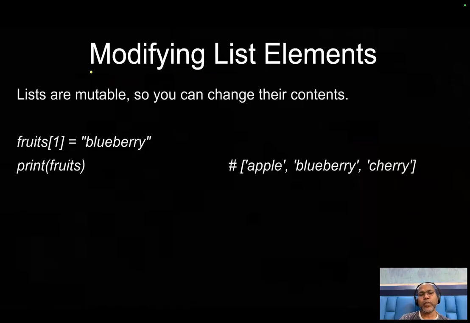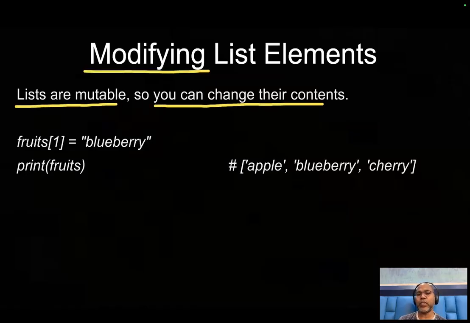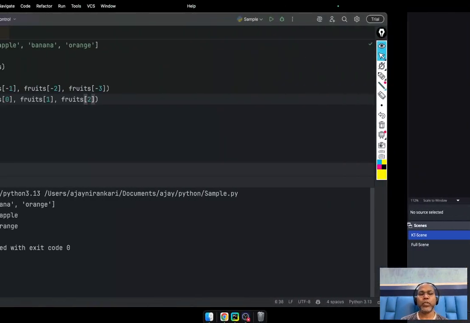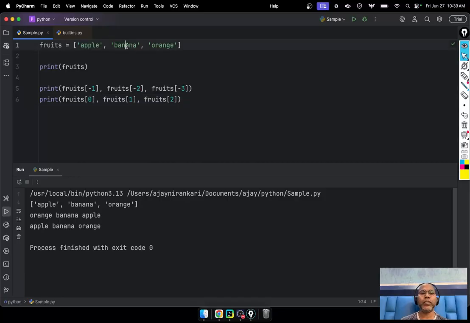Sometimes you want to change a list element, because lists are a mutable collection, that means you can change their content. Let us say I want to change this apple or banana to some different value. So here I say fruits at index 1, I want to give this a different value.